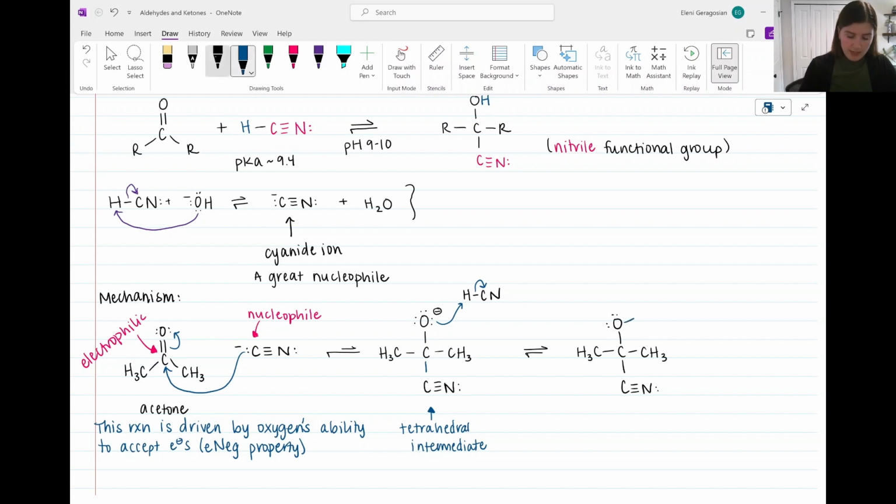So now oxygen has a new bond to a hydrogen. We have cyanide ion as a byproduct, and that will then go and add to another aldehyde or ketone molecule.